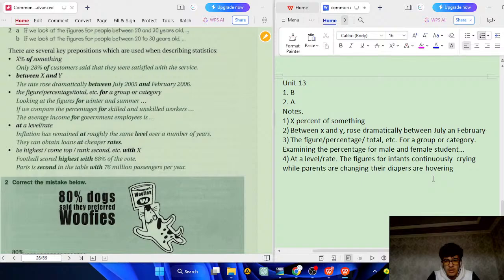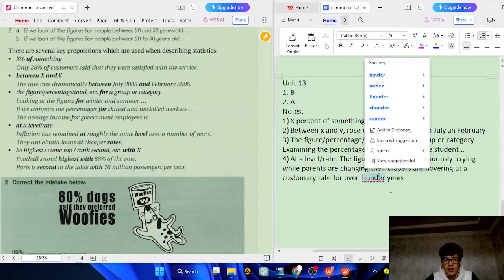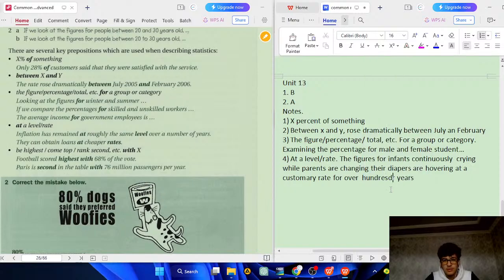Are hovering at a customary rate for over 100 years.